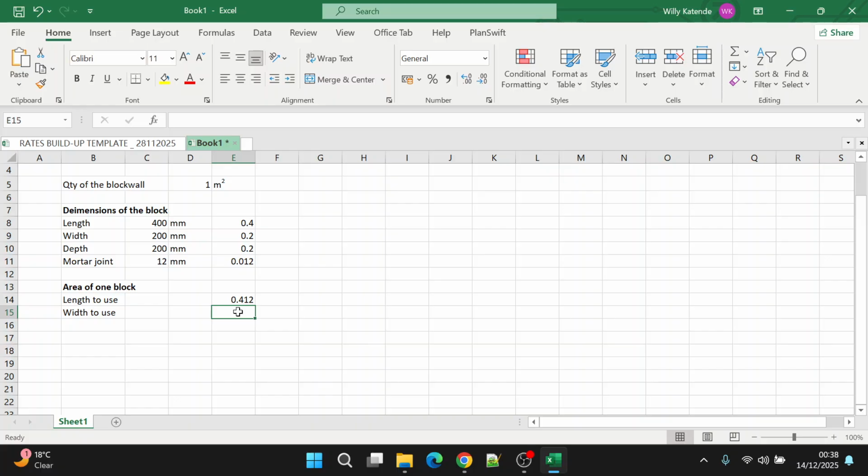We shall say this equals to the width plus 2 times half the mortar joint, which is this, divided by 2 bracket.